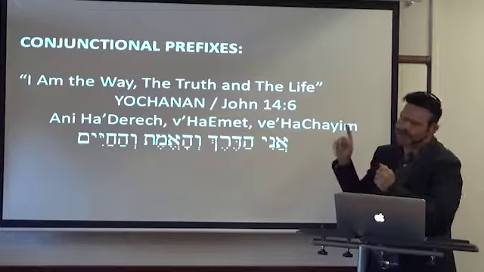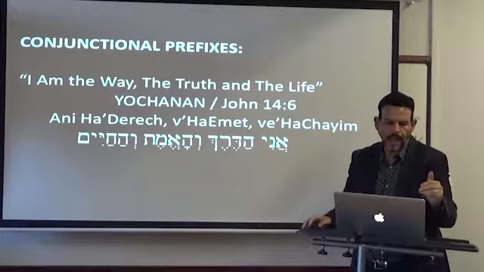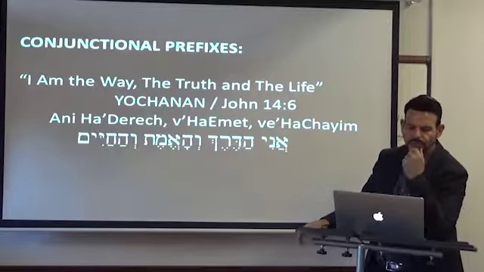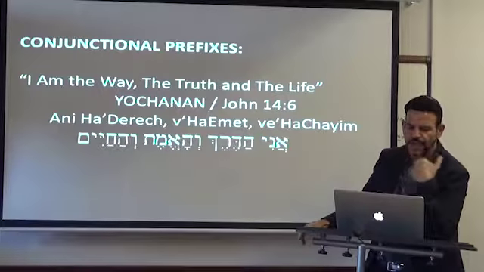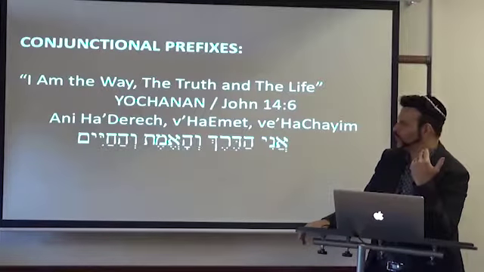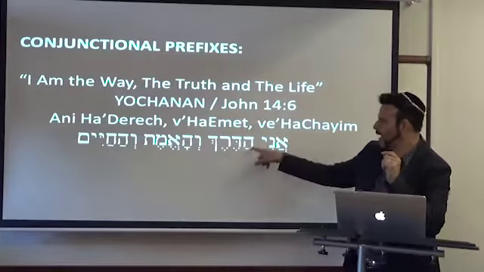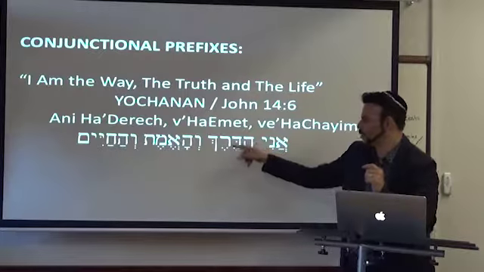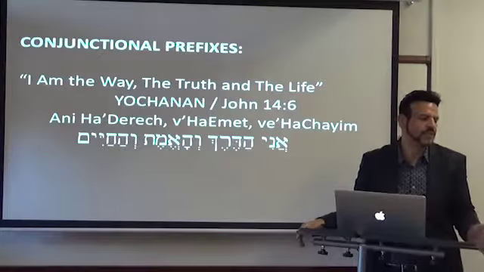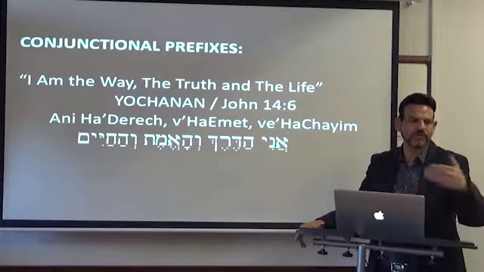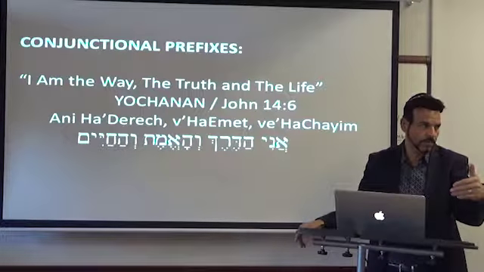So when you're looking at "I am the way, the truth, and the life," you say ani, and then you put the prefix hey in front of the word derek, which means the way. So we found out that of the 22 letters in Hebrew, 11 of them can be prefixes. Half of them can be prefixes.